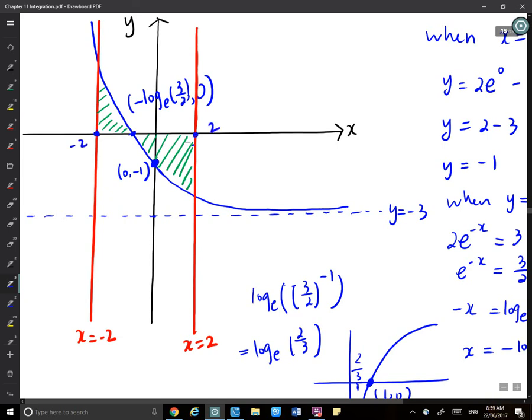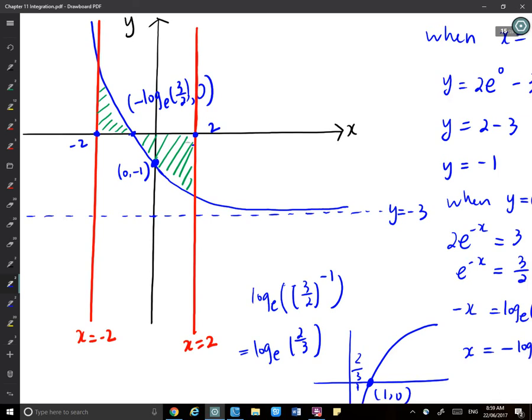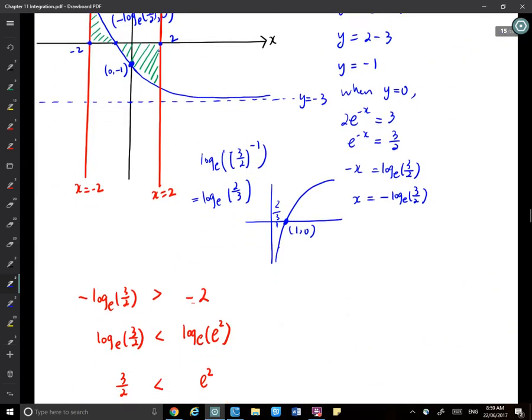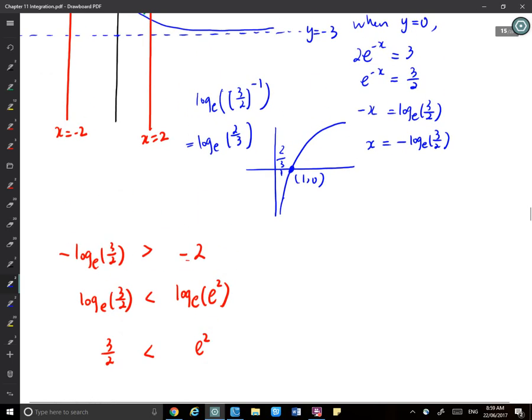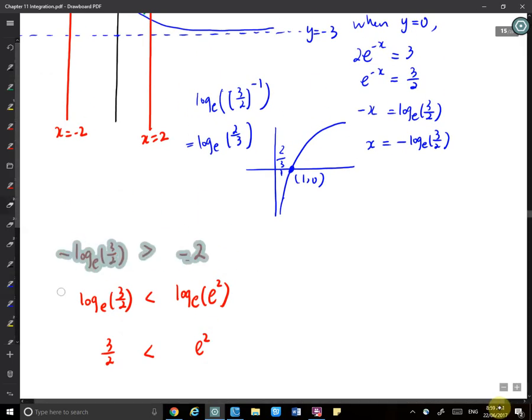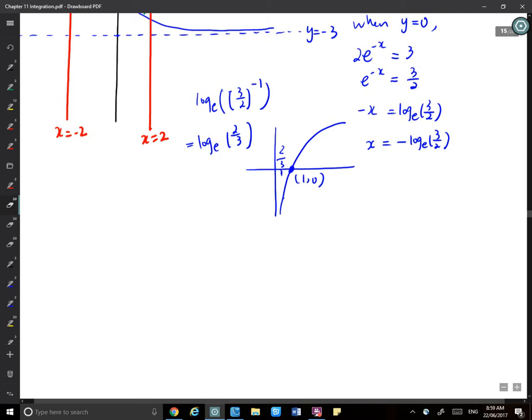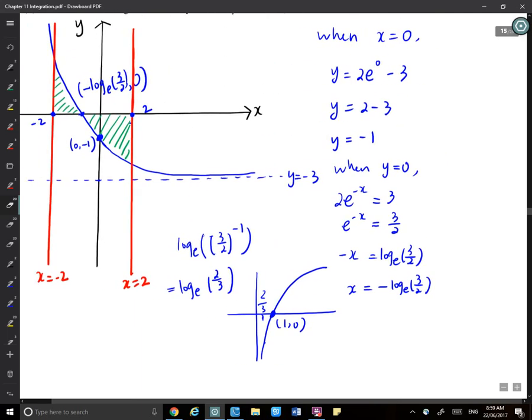This point is actually 2. So what I should do is, well, 1 positive, 1 negative. I'll just clean this part. Well, I'll say negative log e 3 over 2 and negative 2.